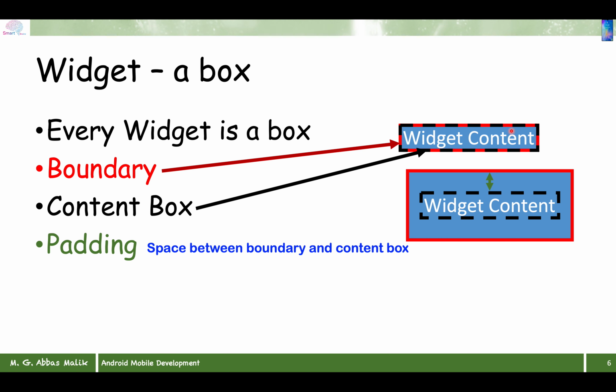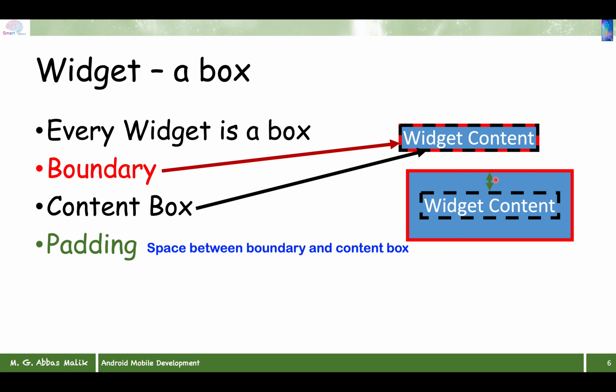Then we have padding. We have a boundary which is shown in red, and then this red-black dotted line shows the boundary of the content box. Padding means we want to leave some white space inside the widget box, between the boundary and the content box.